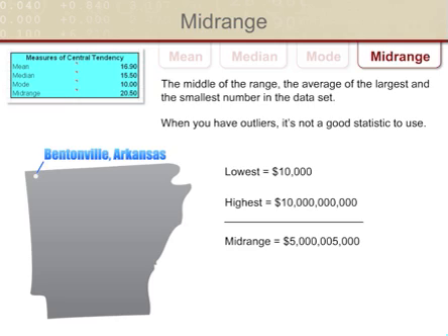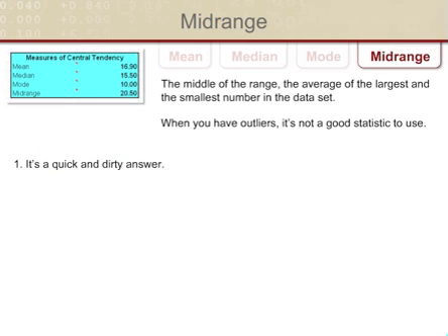Well, sometimes it's appropriate because I can think of two good reasons. One is to get a quick and dirty answer. If I had a large data set in front of me, like those GPAs, and you notice that the largest GPA in the data set was 3.9 and the smallest was 1.5, and they're all over the place, if I averaged 3.9 and 1.5, I get 2.7.